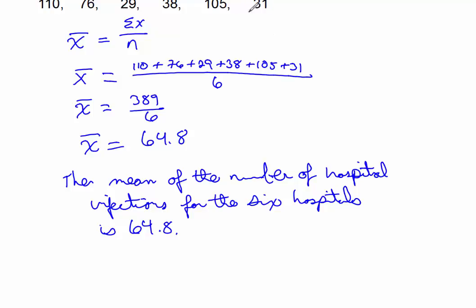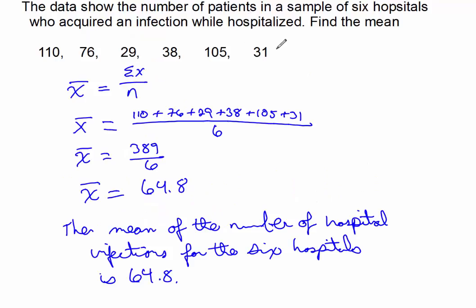Now obviously not all of them had 64, some of them had only 31 or 29, but this is an average because notice we have the 110 sitting up here.